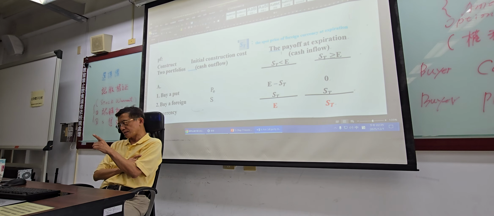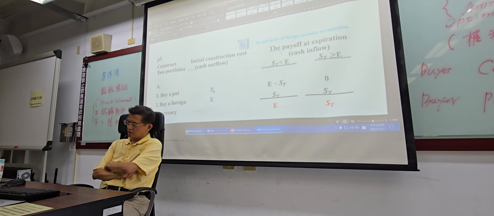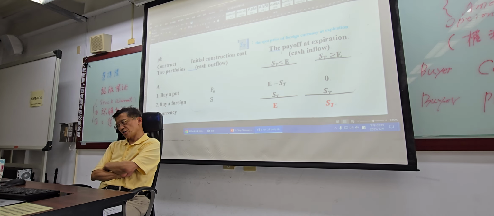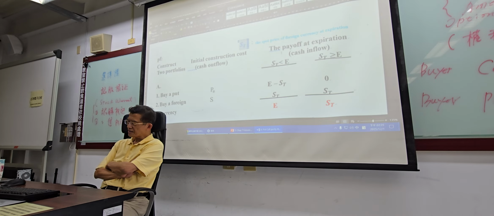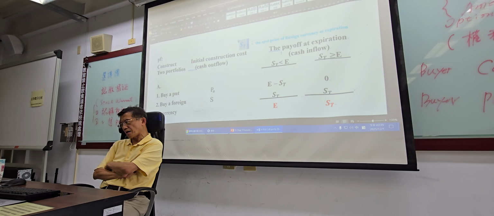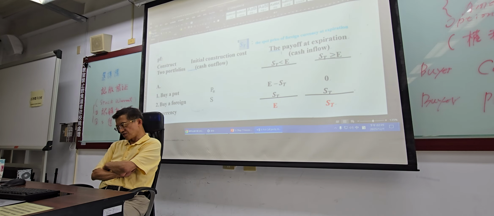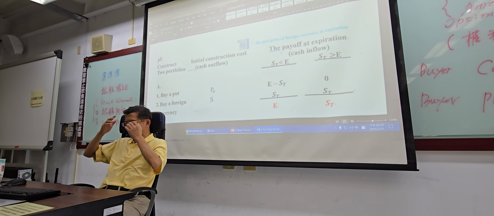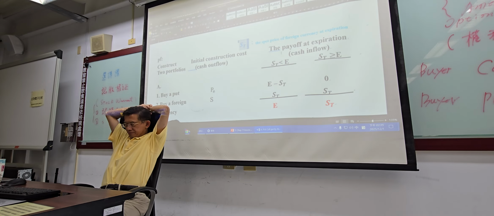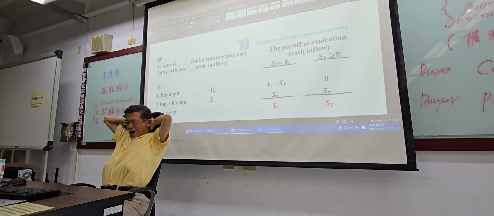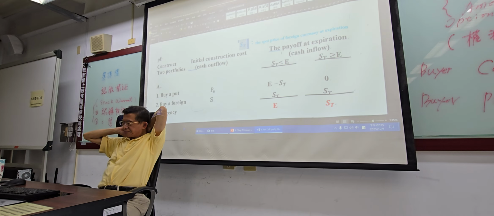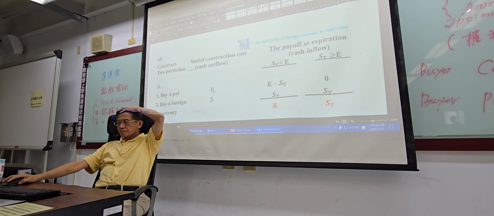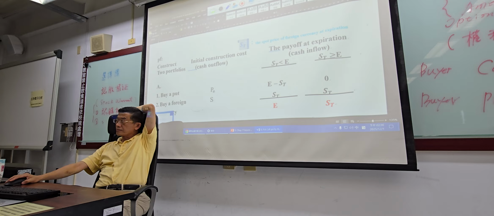Possibility one is S sub T smaller than the exercise price. The second possibility is that S sub T is larger than the exercise price. So these two types of situations will bring different payoff situations. Let's check their payoff for each portfolio.